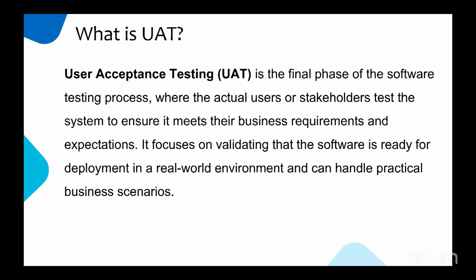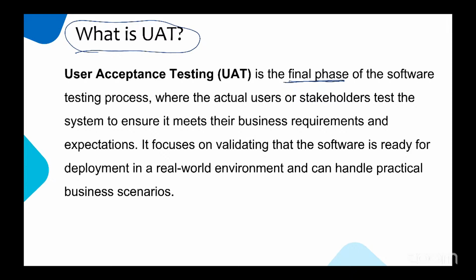Now we'll move on to the next one, called user acceptance testing. Again, this is an important topic. UAT, as we say in IT terms, or acceptance testing. User acceptance testing is the final phase. Remember, this is the final phase.